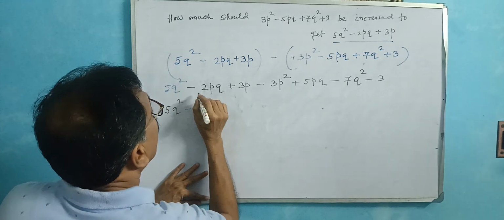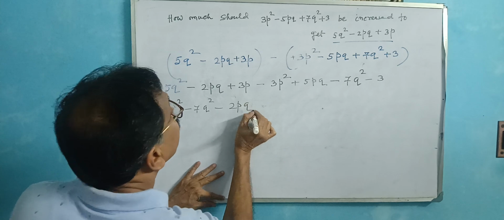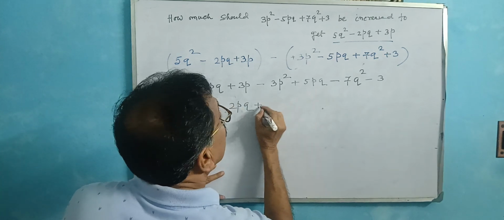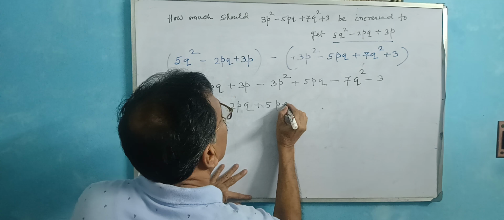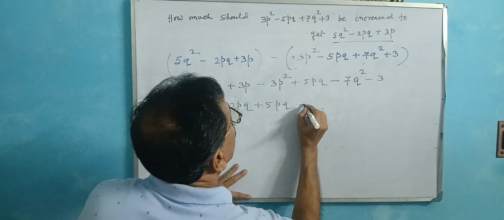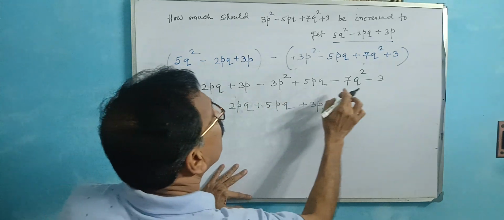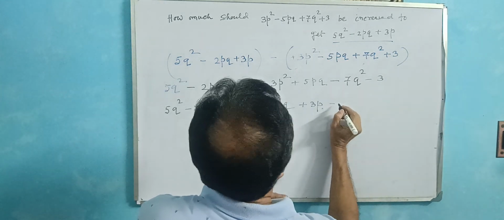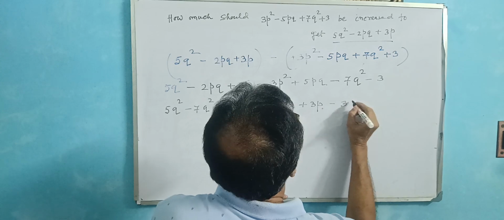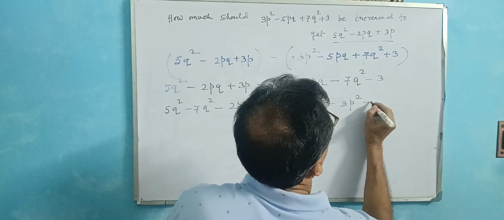Okay, minus 2pq, here is plus 5pq. Now this is 3p, is there any p here? No p. So now plus 3p, minus 3p square and minus 3.